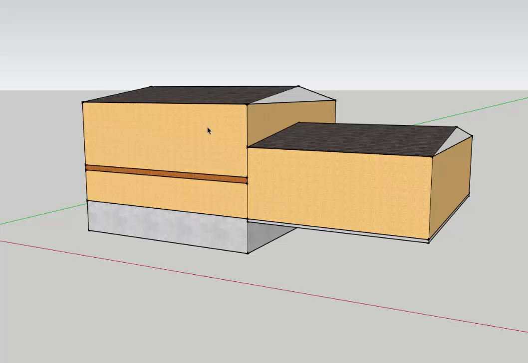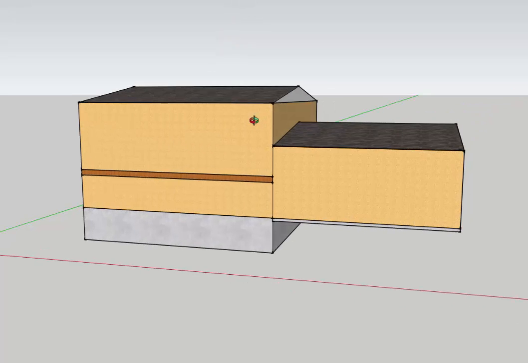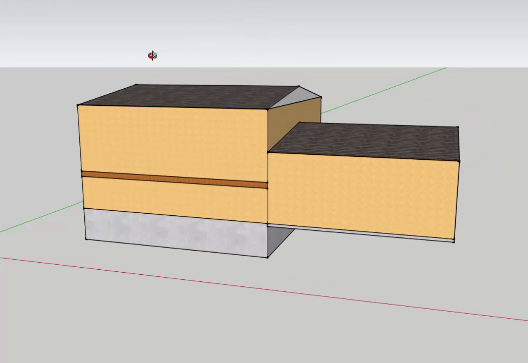One of the things you need to be aware of is when you're entering your wall surface area into the NEAT audit, you need to represent everything that's on the thermal or pressure boundary of the home. So in this case, let's just take this two-story section of the house.